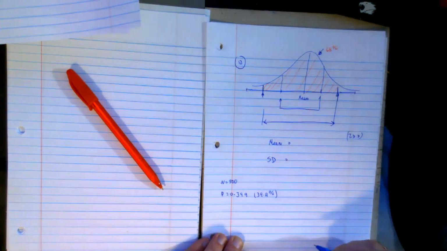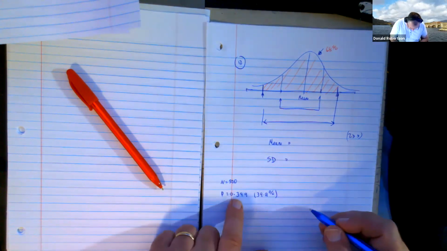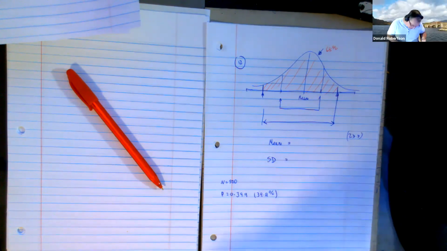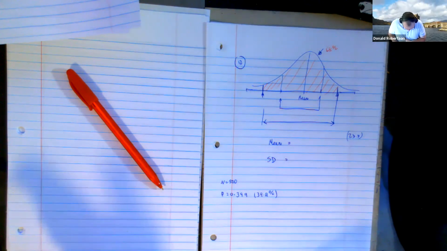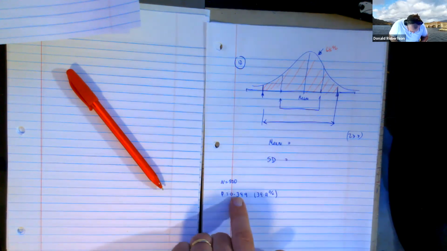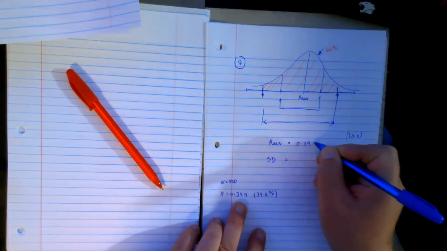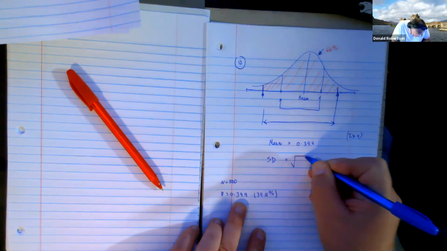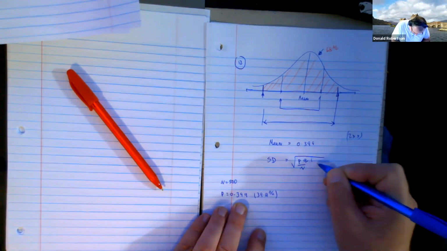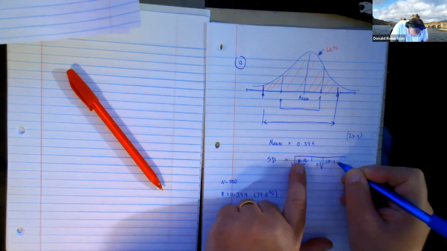Whenever you do calculations like this, you always use decimals in the calculations. When you're finished, you might leave them as decimals, or you might turn them into percentages. In this particular case, they want you to leave them in decimals, so that is fine. So the mean is going to be that fella, and the standard deviation is going to be that fella, which in your case is 0.399.